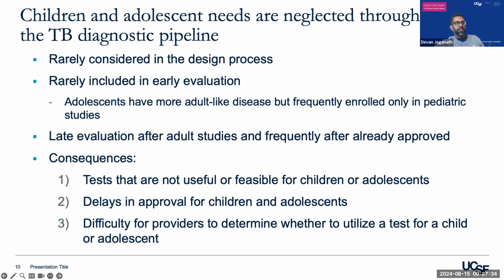The tests are not really useful or feasible for children and adolescents. There are clearly delays in approval for these tests for them. And from a provider standpoint, it leaves an individual with the difficult choice of whether to not utilize that test because it's not approved for children, or to utilize it without the data or guidance on best practices for it.